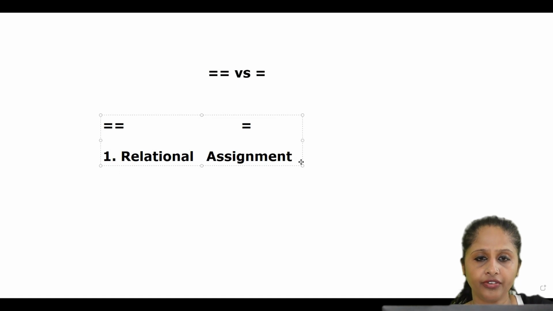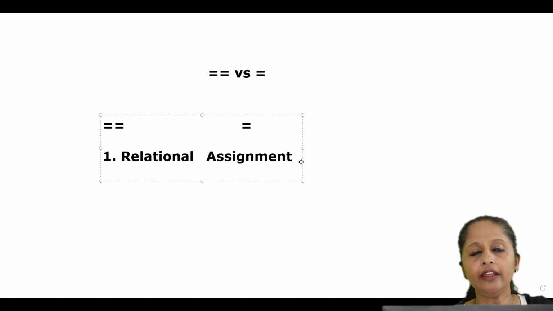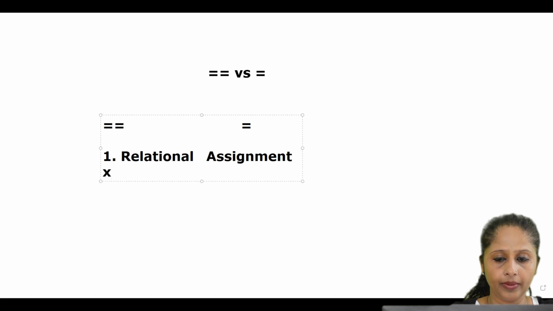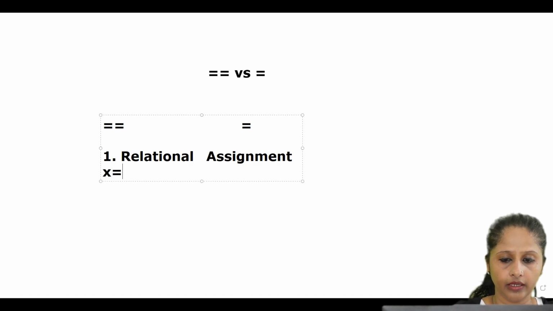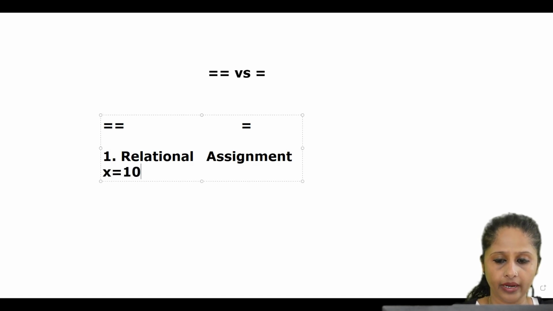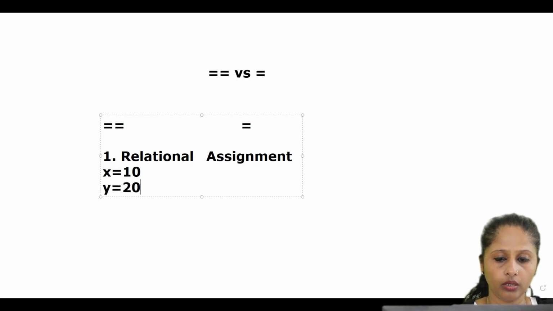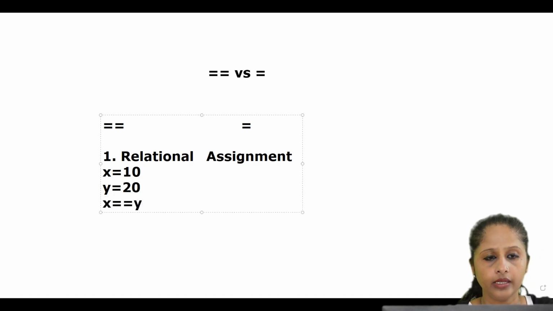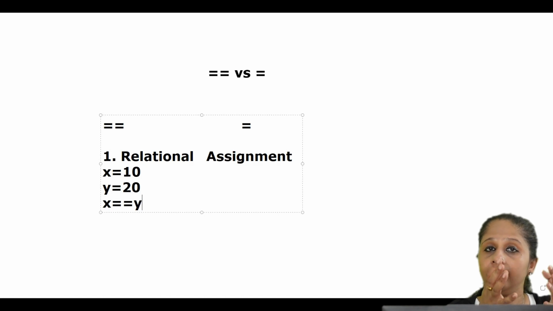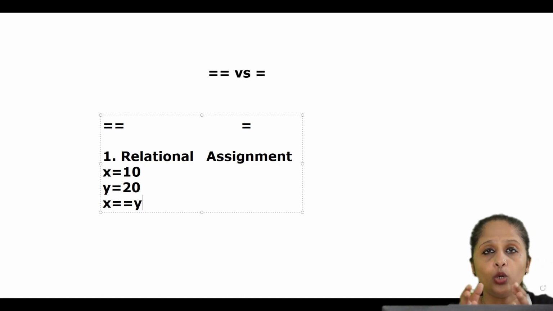Then the second difference. Let's see an example: x equal to 10 I am writing, then y equal to 20. Then I am checking whether x double equal to y. So what does it mean? Here it is checking whether the value of x is equal to y.